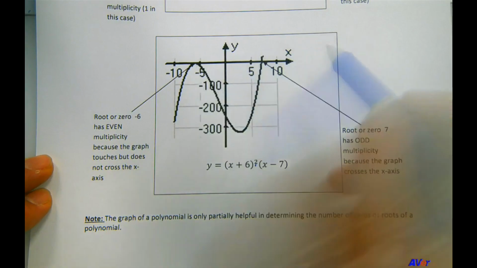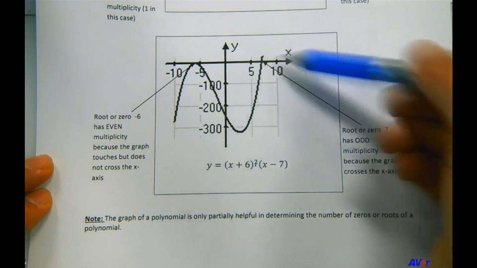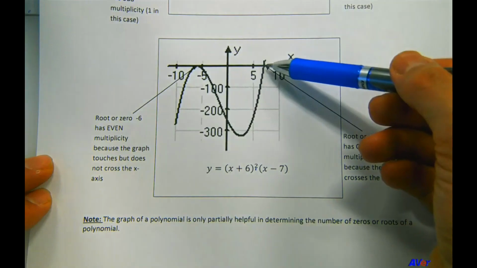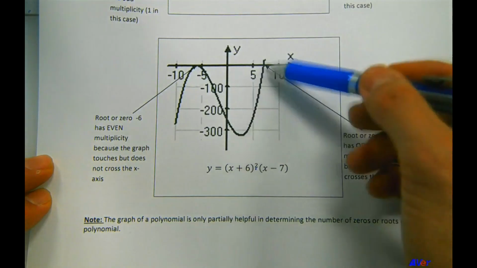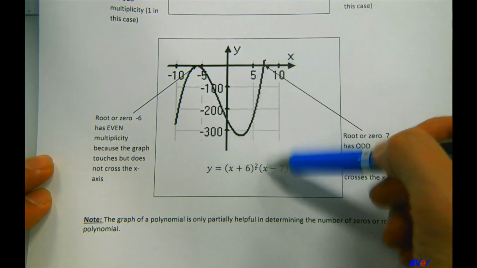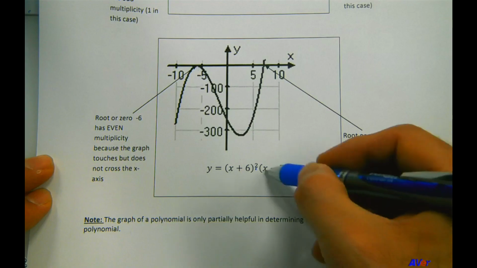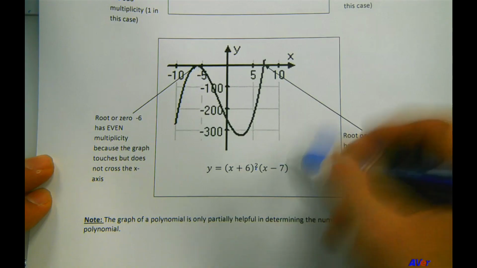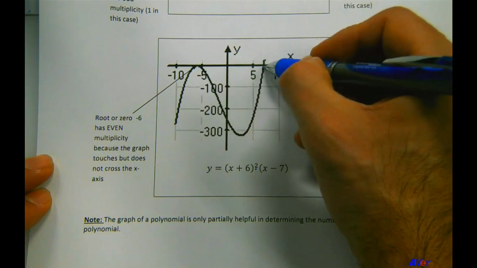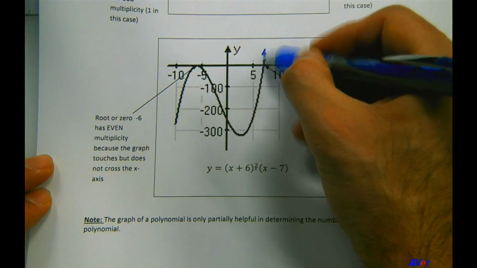Okay? But at +7, you have an odd multiplicity. The power of this factor is 1, which is odd. So the graph will cross the x-axis at that point, like that.